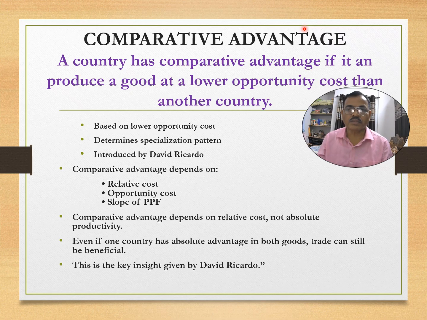And this is explained by the theory of comparative advantage. Comparative advantage is based on opportunity cost. A country has comparative advantage in producing a good if it can produce that good at a lower opportunity cost compared to another country.